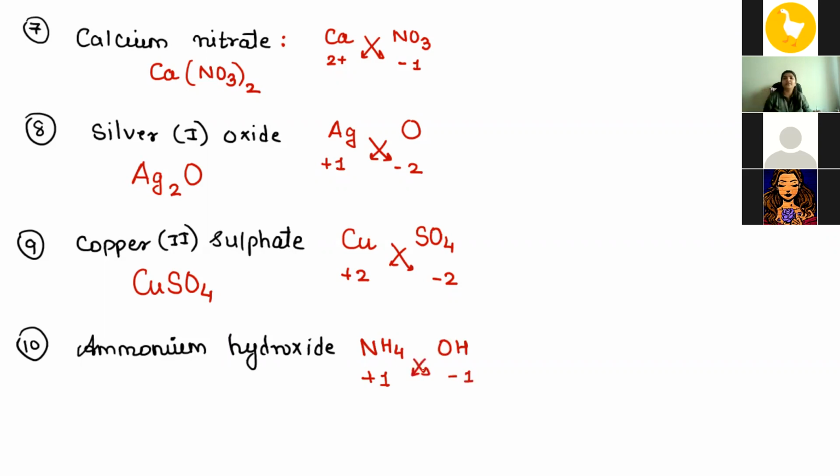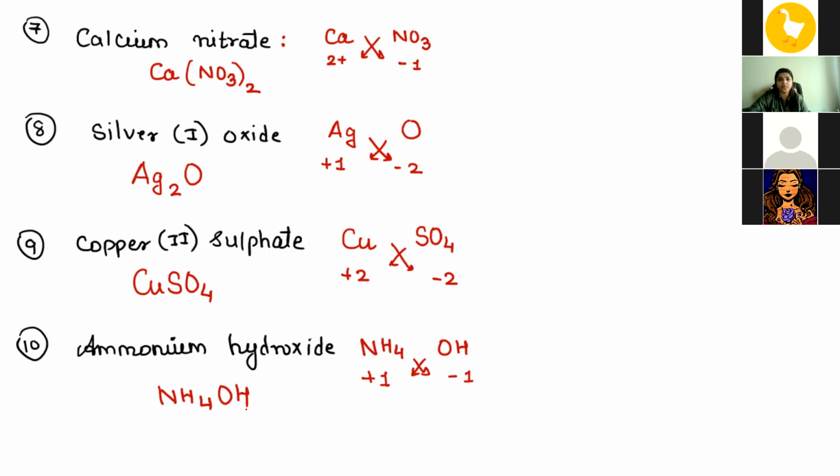So we'll do crisscross. Now both are 1 and 1. So what will be the final formula? Yes, Advait. What will be? NH4, we have to write NH4. Since it's 1, we will not write 1. So it is going to be NH4OH.